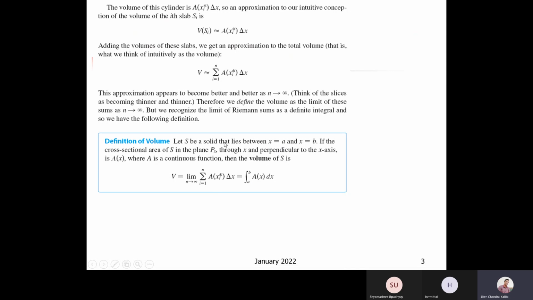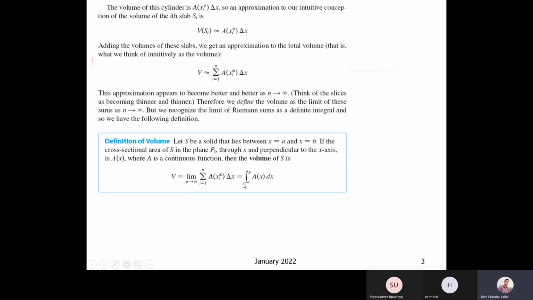Let S be a solid that lies between x equal to a and x equal to b. If the cross-sectional area of S in the plane Px, through x and perpendicular to the x-axis, is A of x, where remember, A has to be a continuous function of x, then the volume of S is simply this.